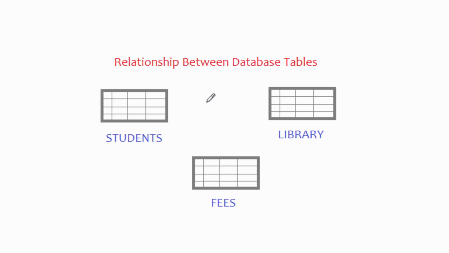But when we specialize tables like this one, efficiency of accessing information is improved because when one person is accessing library table, maybe another person is accessing student table or fees table. And in that way, database operations becomes efficient when different pieces of information are stored in different tables.